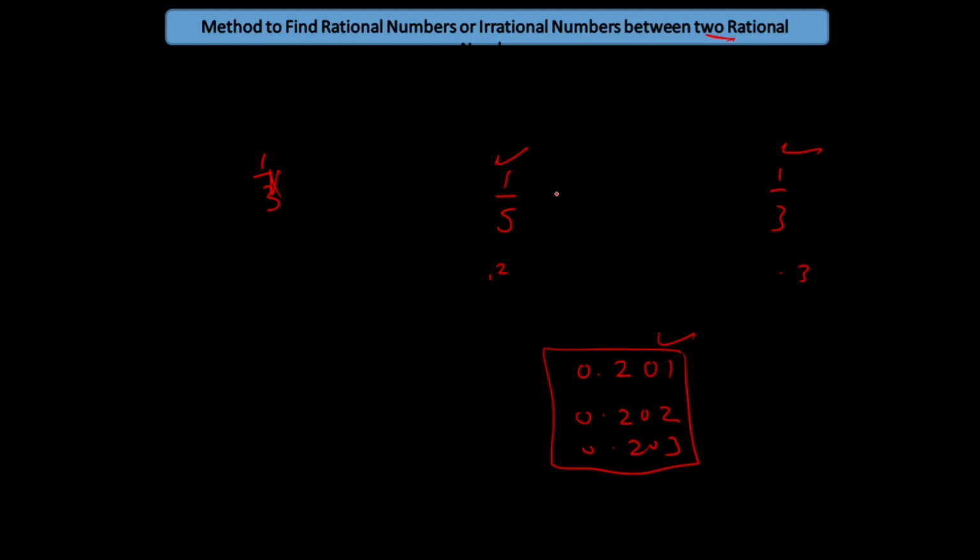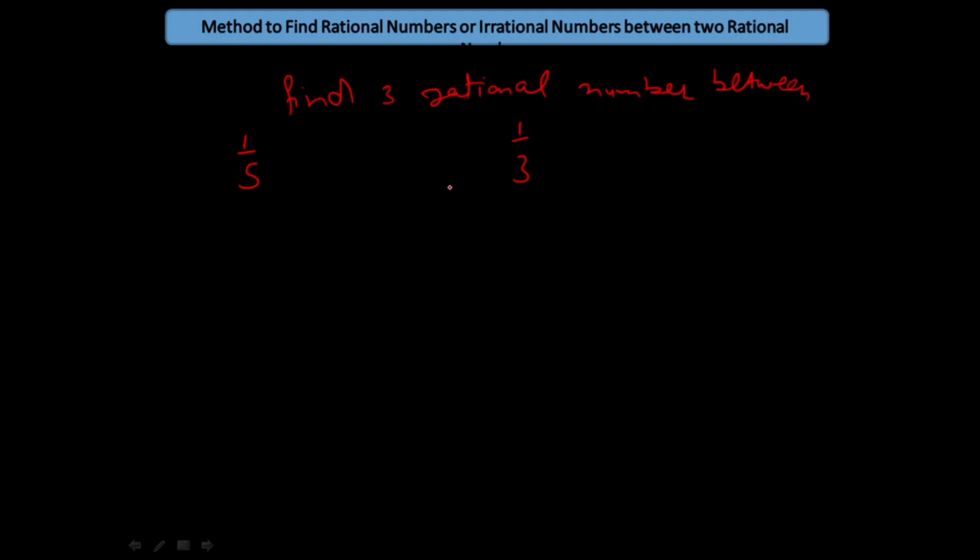We have one more method. What is that method? The question is how to find three rational numbers between these two rational numbers. Let's see how to do that. What were the two numbers? 1 over 5. This was 1 over 3. The question is to find three rational numbers between these two numbers.